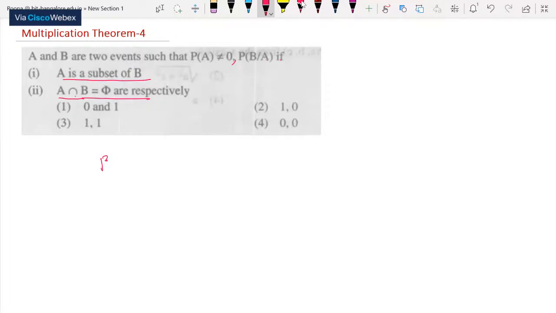Please try to understand. They give that the probability of A is not equal to 0, and there are two conditions given: A is a subset of B, and A intersection B is empty, respectively.